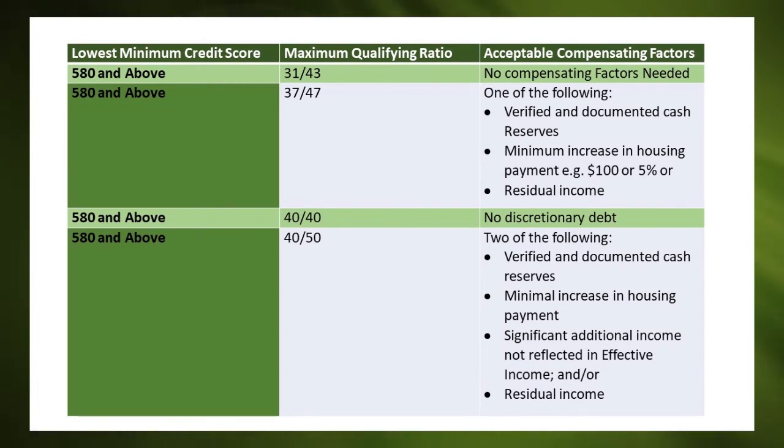So if they're paying $1,000 now, their new house note cannot exceed $1,050. Now, the third thing is residual income, which is used on VA loans, and we're not going to discuss this during the tutorial, but on a manual underwrite, we have to use that VA residual chart.